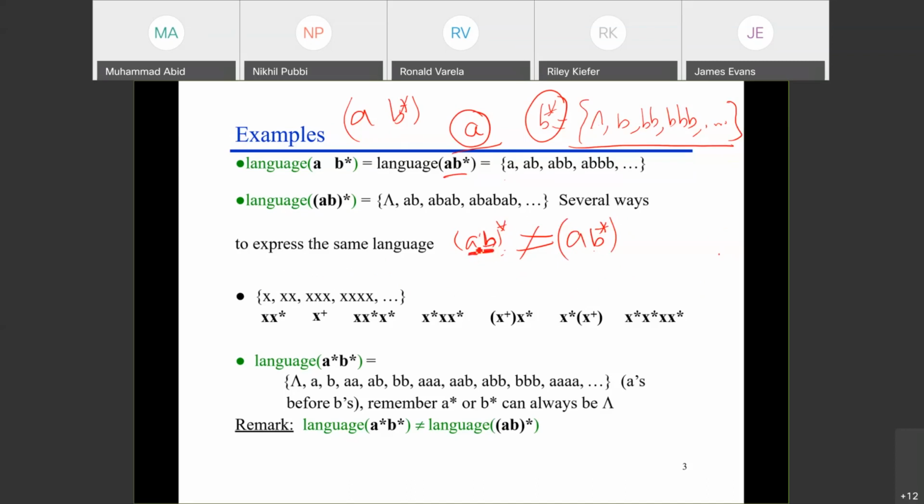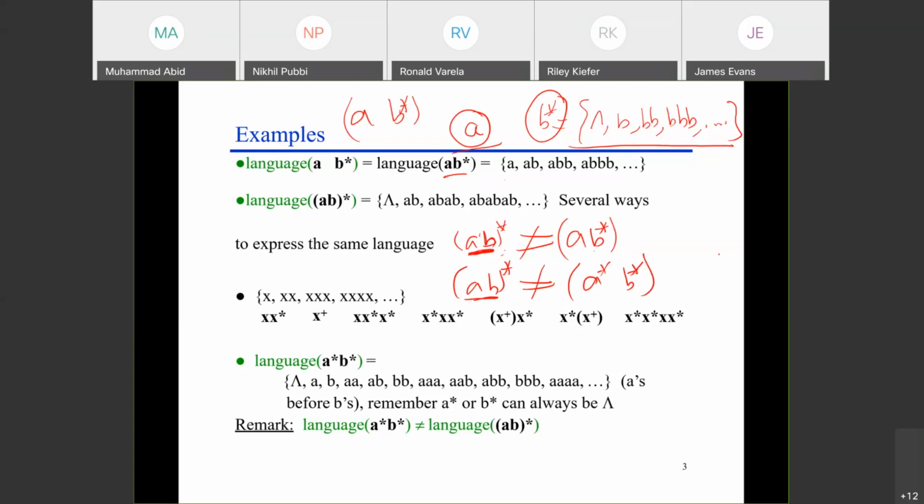Again, (AB)* does not mean A star or B star. It does not have this meaning. It means that this thing is one term and it has a star on it. So A*B* is not the same as this one.